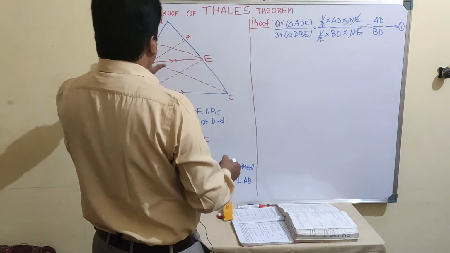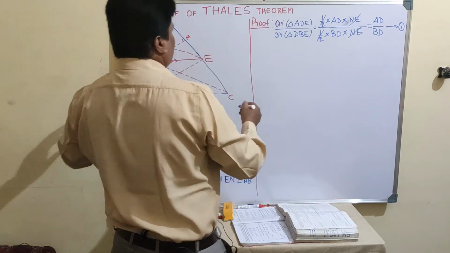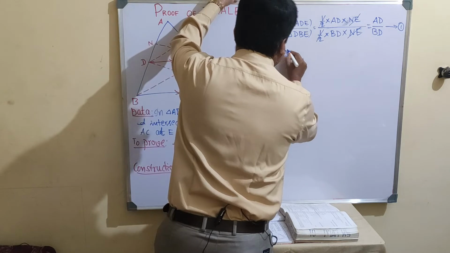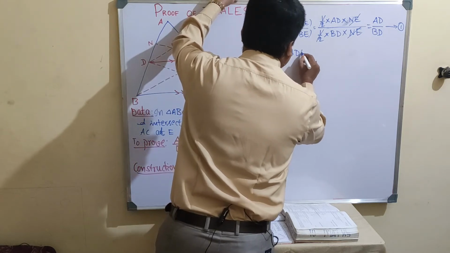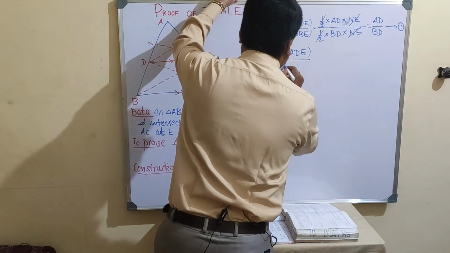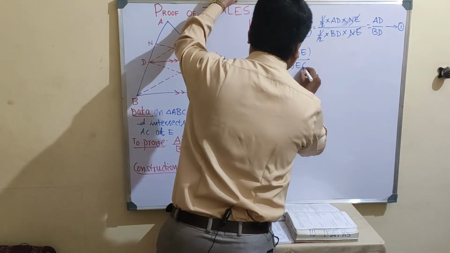Similarly, let's move to this side: area of triangle ADE by area of triangle DEC.